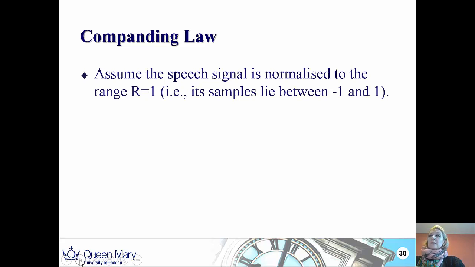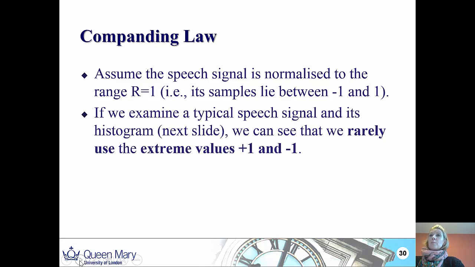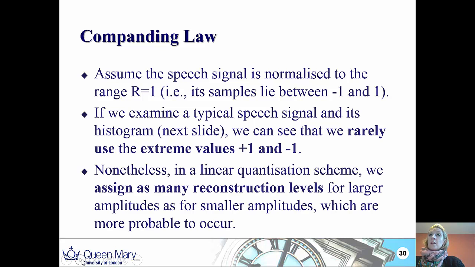So assume a speech signal is normalized to the range of 1, so its samples lie between -1 and +1. And if we examine a typical speech signal, we'll see that we rarely use the extreme values. Okay, so those values at +1 or -1 are rarely actually used.